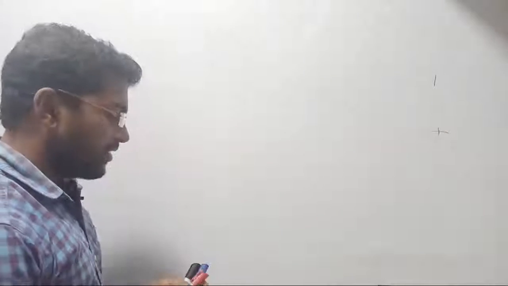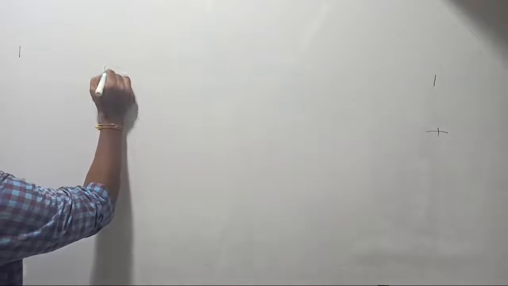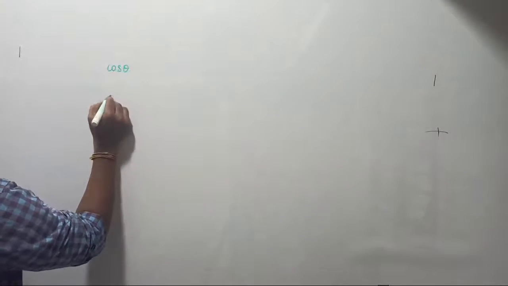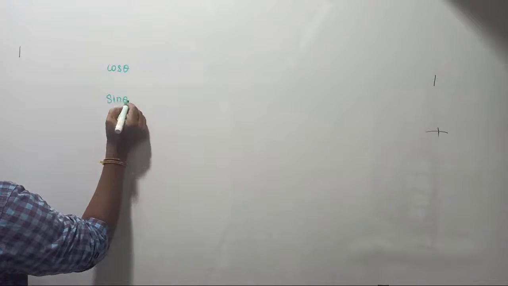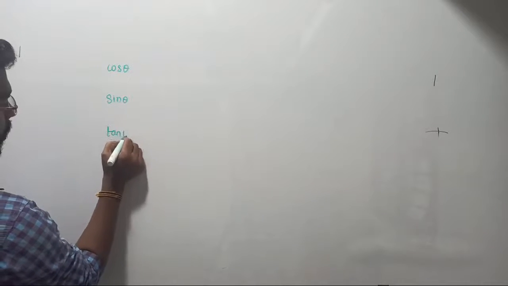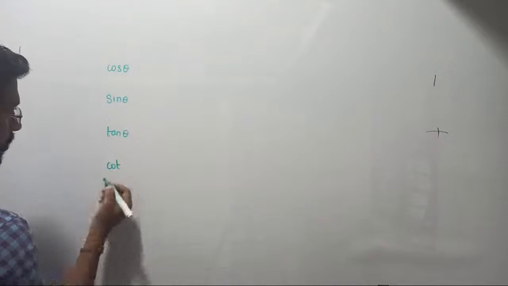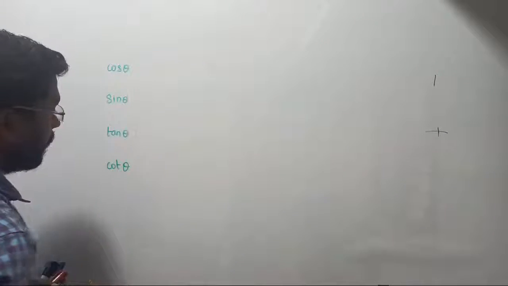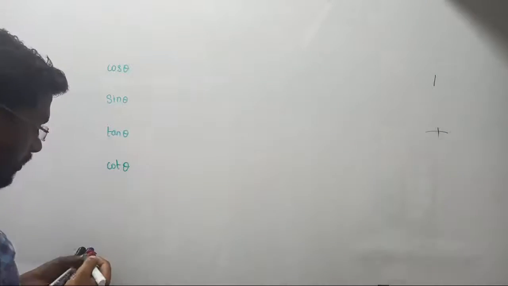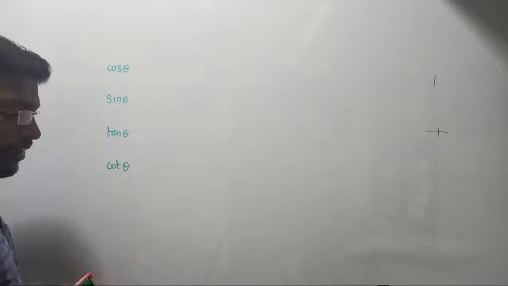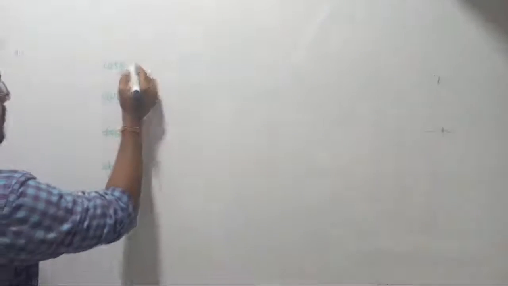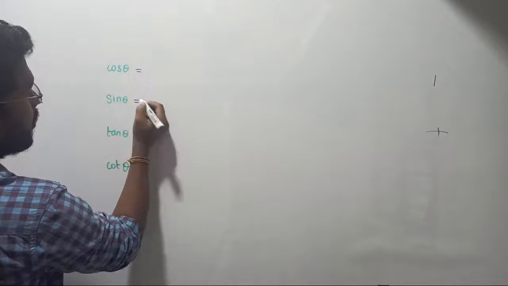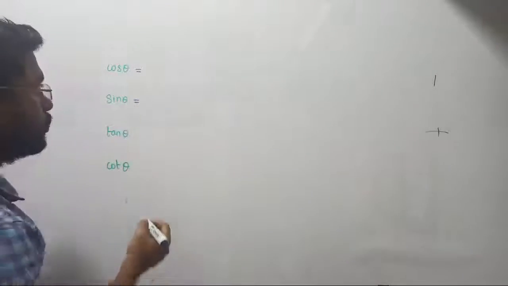Okay, let's see some of the circular functions, right? First, circular functions, in the sense we should talk about cos theta, sin theta, tan theta, cot theta. We are going to consider four of them here. Now we all know cos theta and sin theta can also be written in another form in the complex domain.